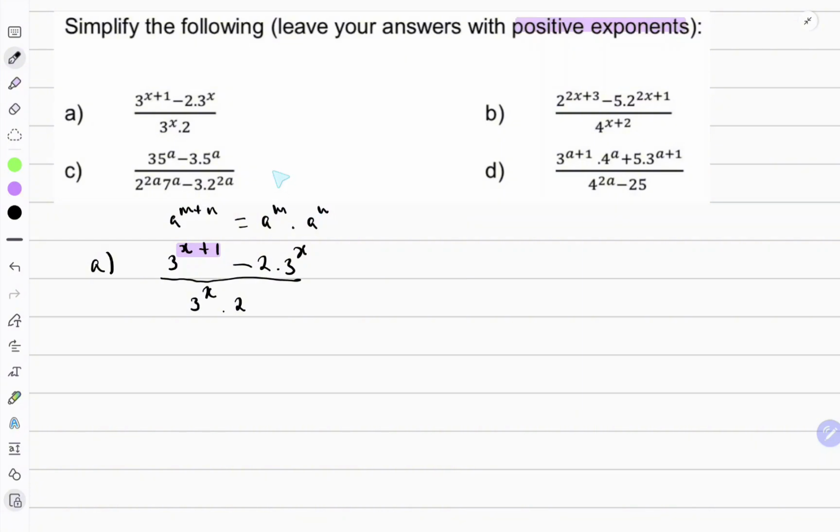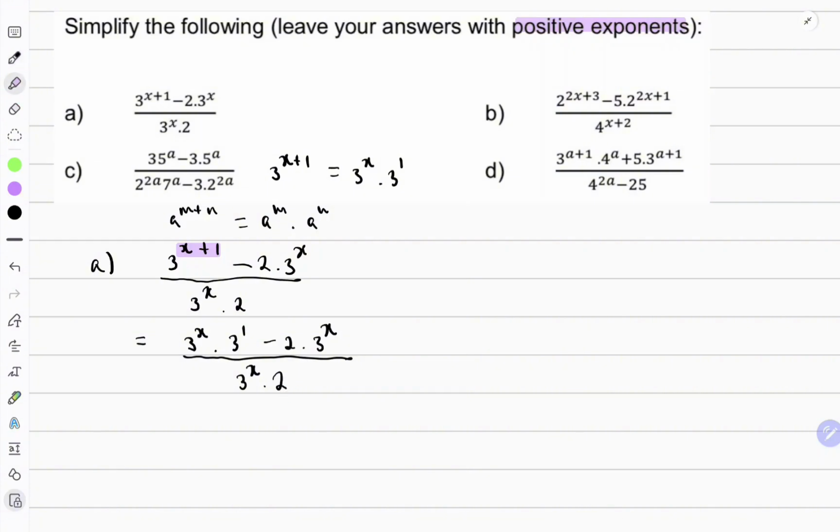So likewise, if you have 3 to the power of x plus 1, you can write that as 3 to the power of x times 3 to the power of 1. So I'm going to split the first term in the numerator, 3 to the power of x times 3 to the power of 1, minus 2 times 3 to the power of x. And the denominator stays as is, 3 to the power of x times 2.